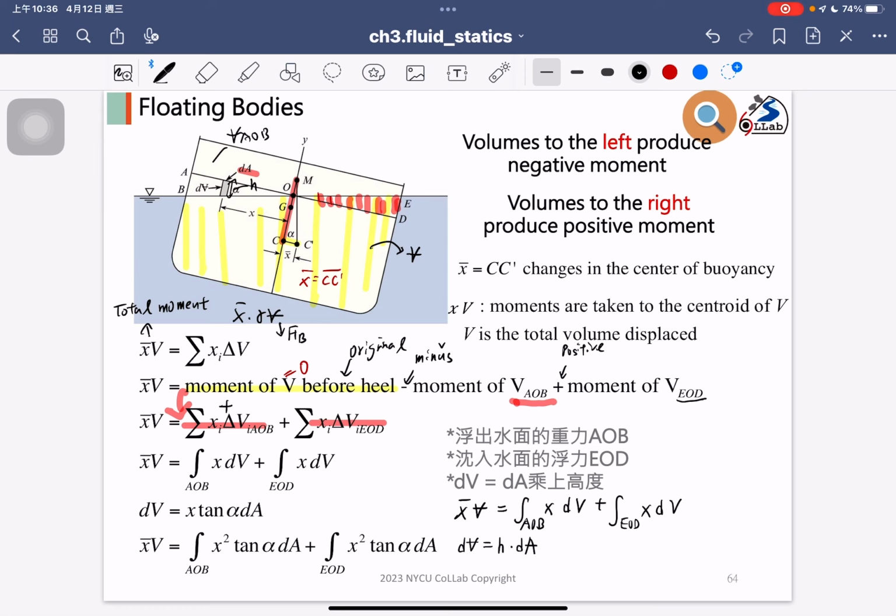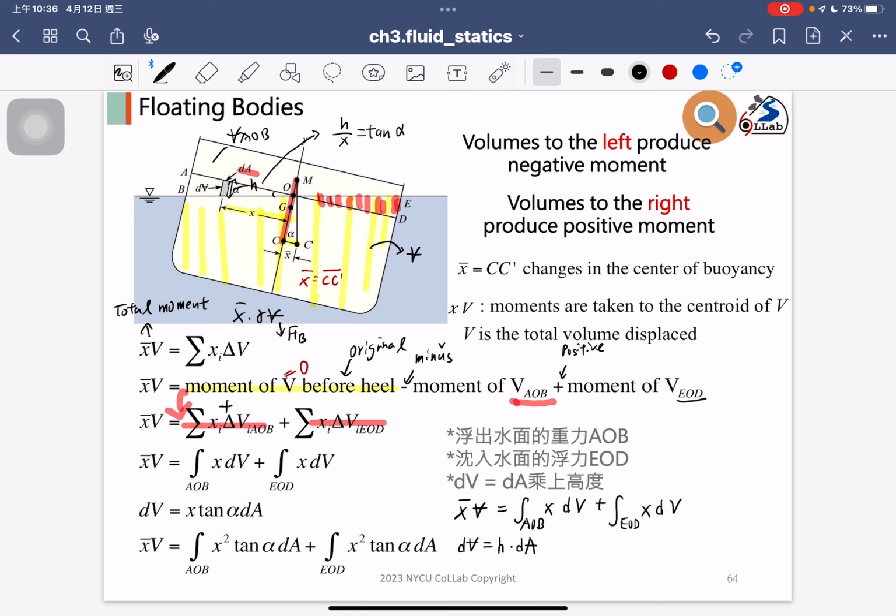Okay. So what is the h here? As you can see, there is the x. So h divided by x will equal the tangent alpha.